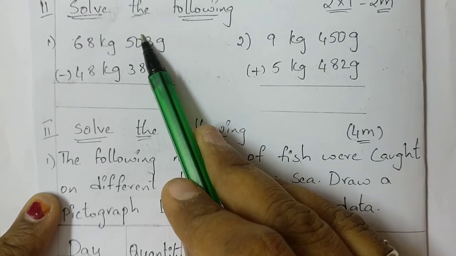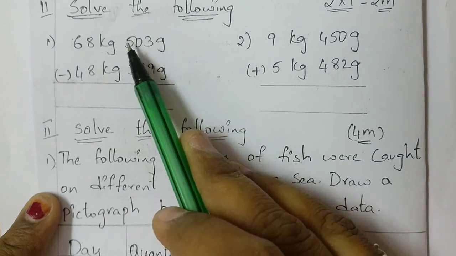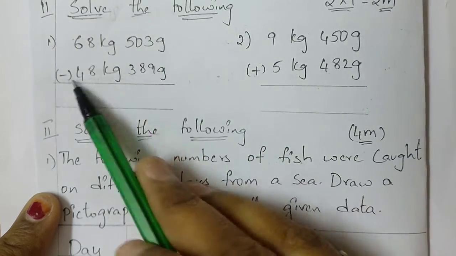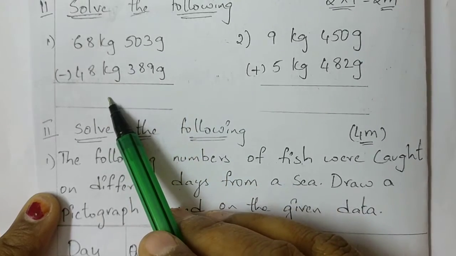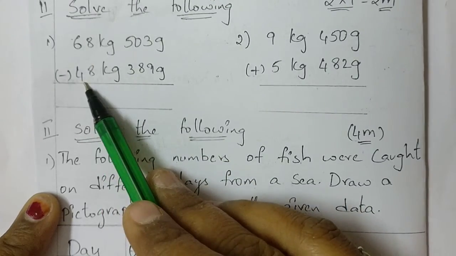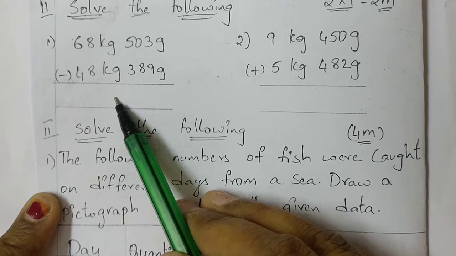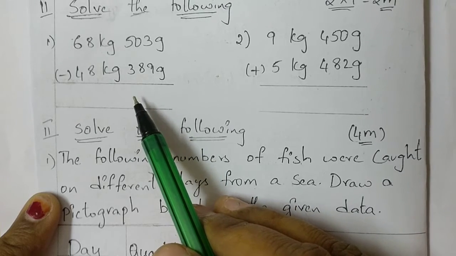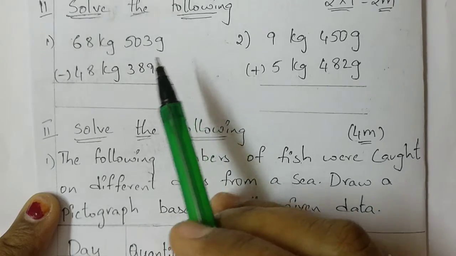Next, what is the next number here? 9. 9 minus 8, 1. Next, when you borrow here, 5 becomes 4. 4 minus 3, 1. Next, kgs. So here also write your kgs. So 8 minus 8, 0. 6 minus 4, 2. So total answer is 20 kgs 114 grams. Okay, do you understand, Nana?